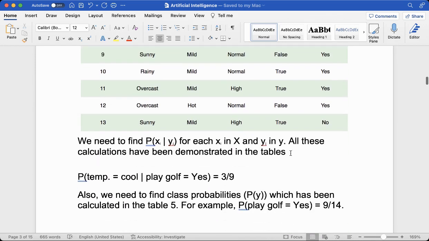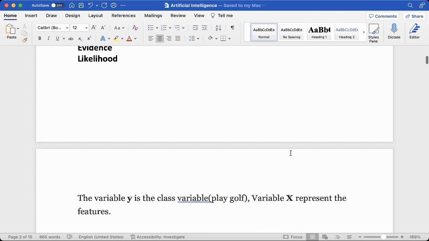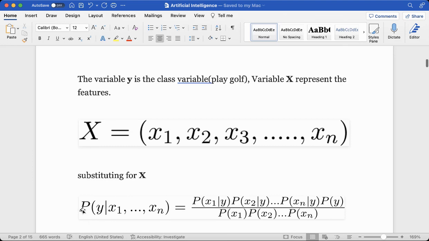If we go to our formula, x, as we know, is our feature variable. So x1, x2, x3 and so on to xn.